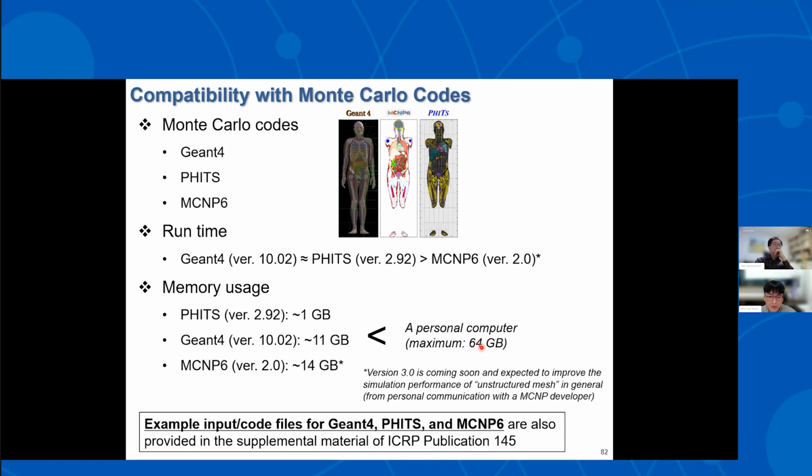Recently, we have heard that MCNP6 version 3 is coming soon and is expected to improve the simulation performance of unstructured meshes, including the tetrahedral mesh in general. And also, please note that the Monte Carlo example input and code files for these three Monte Carlo codes are also provided in the supplemental material. Some demonstration will be shown by Dr. Choi as well later.